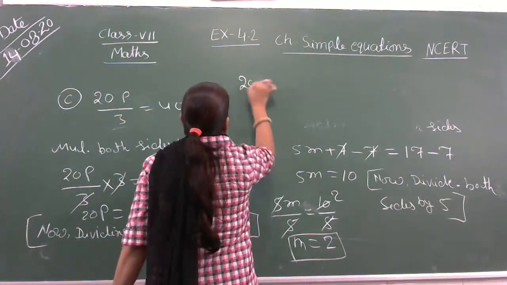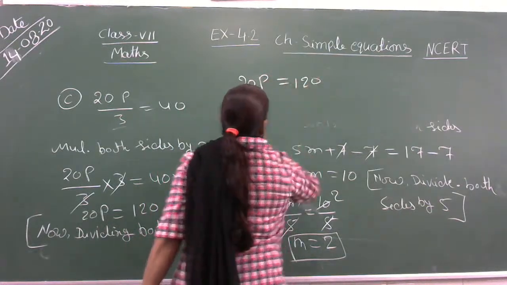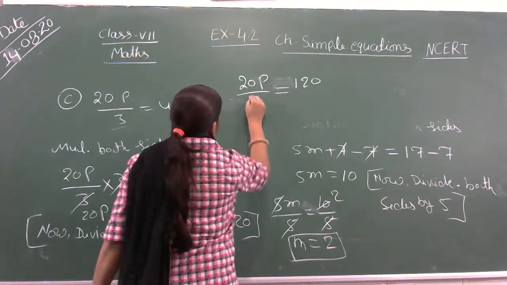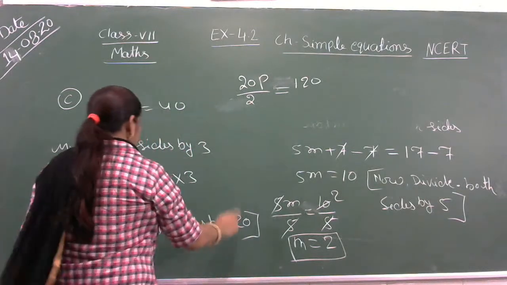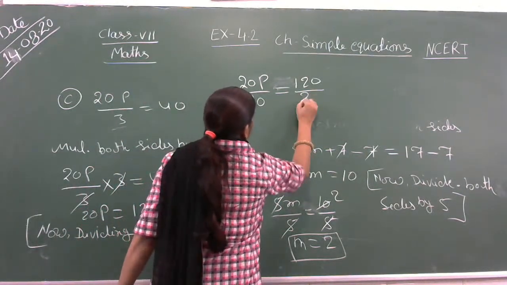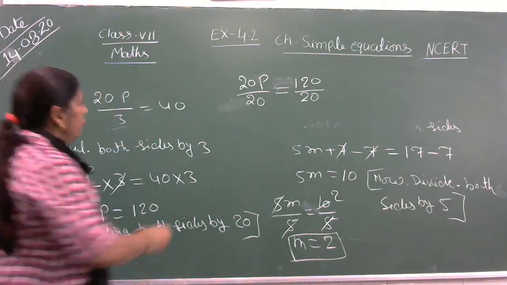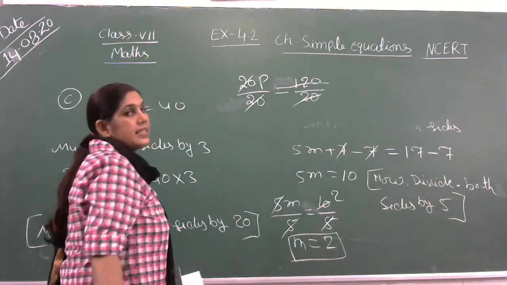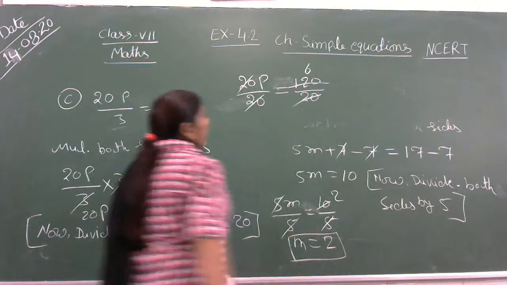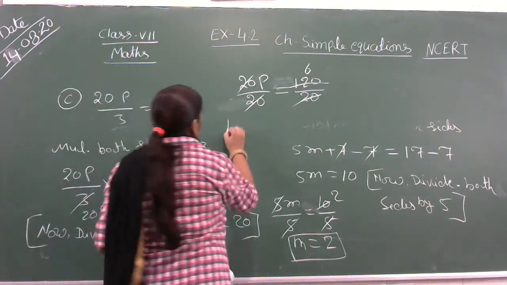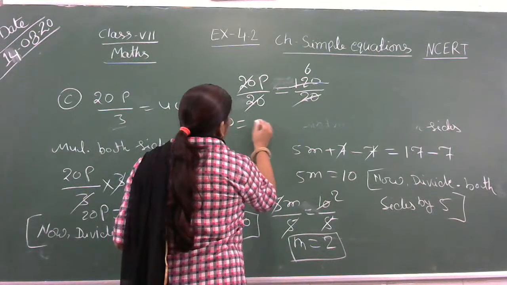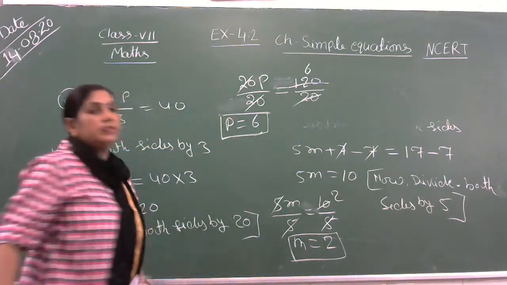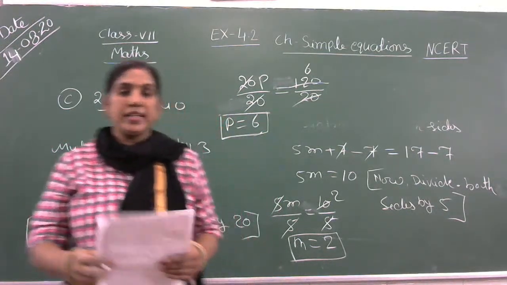So 20p is equal to 120, divided on both sides by 20. Here also and here also. 20 cancel, and here 120 divided by 20, isn't it? So p equal, you get 6. This is your answer.